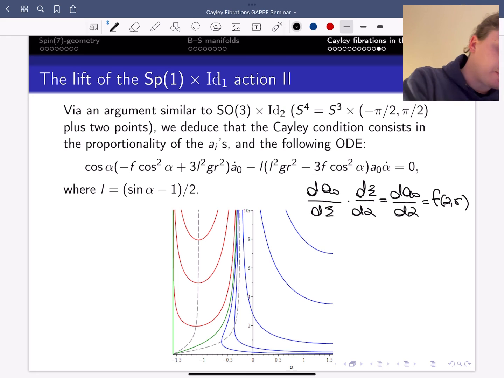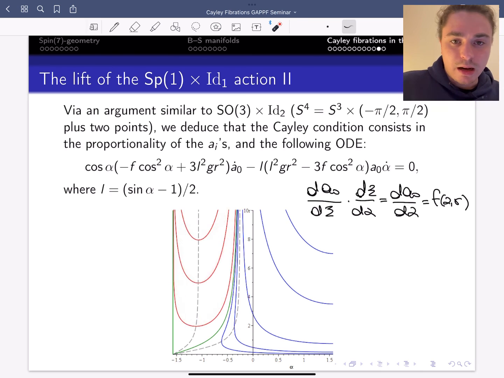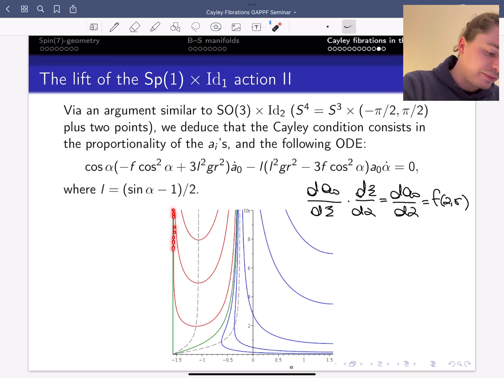Now, as in the previous case, let's look briefly at the topology, and the rest is immediate. So in red, the topology is once again S3 times R. Now in green, we have a family of spheres, of SP1 orbits, that are shrinking to a point, but this point is minus pi half and 0 at the zero section.